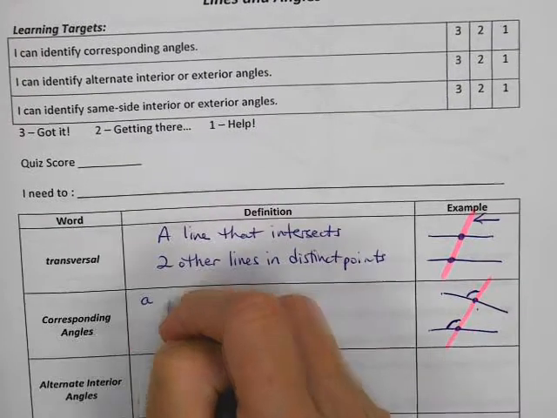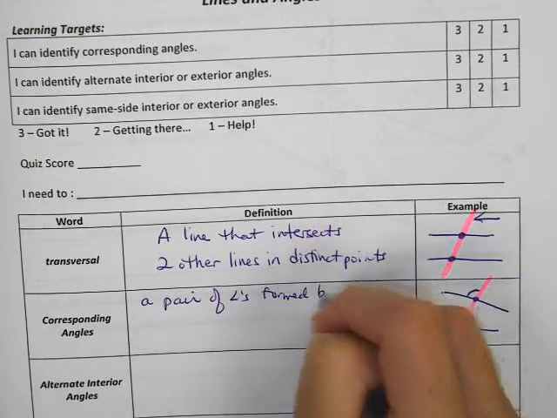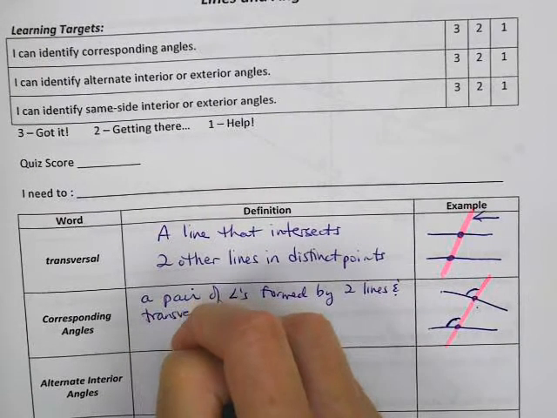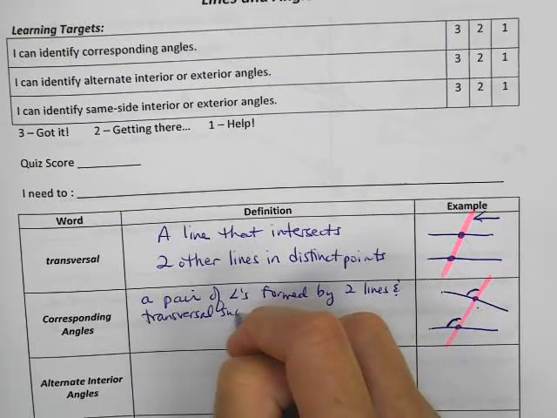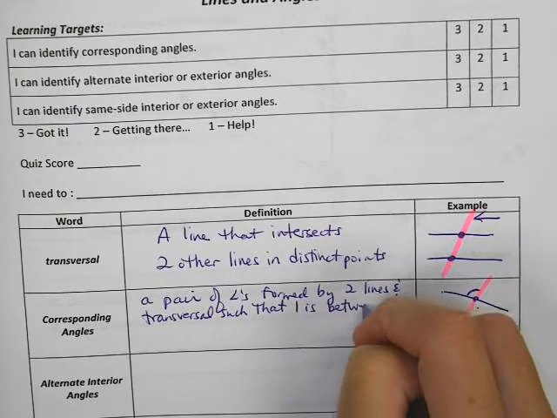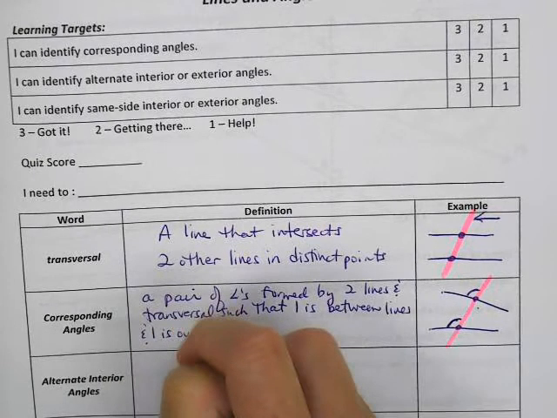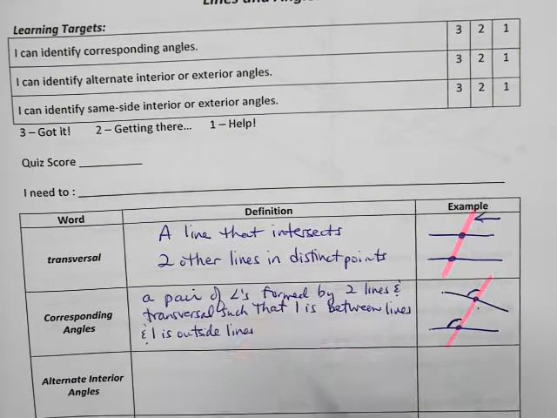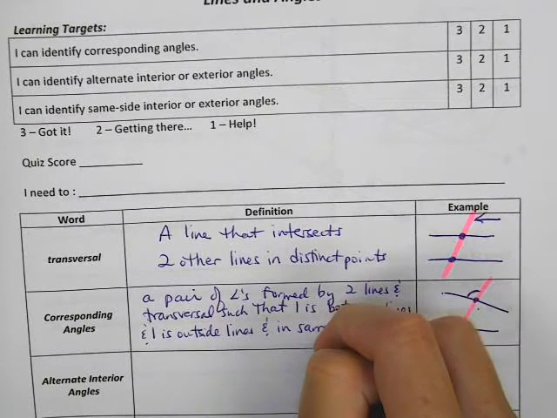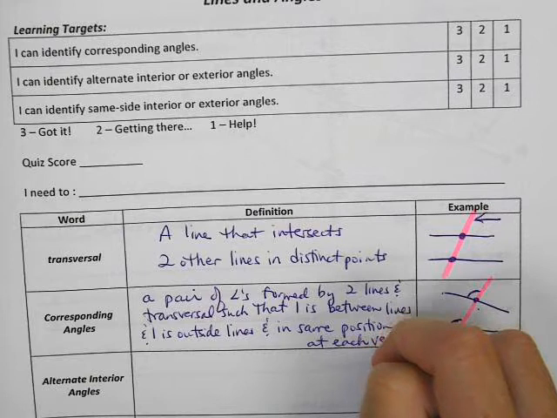So I'm going to say it is a pair of angles formed by two lines and a transversal such that one is between the lines and one is outside the lines and in the same position at each vertex.